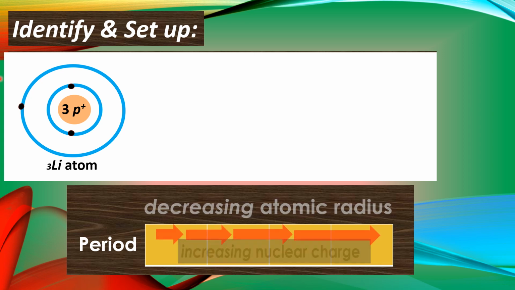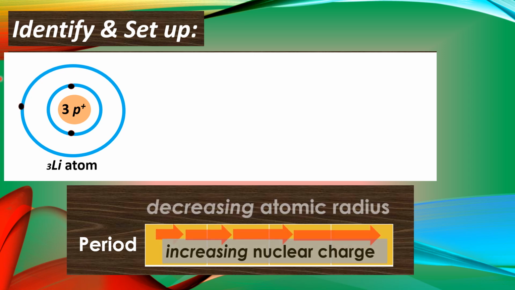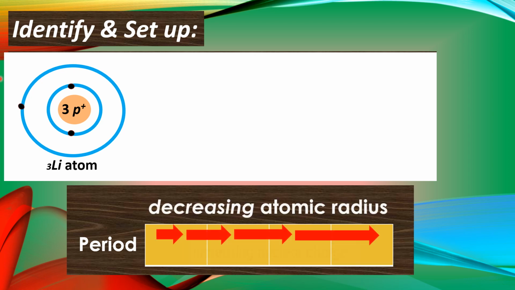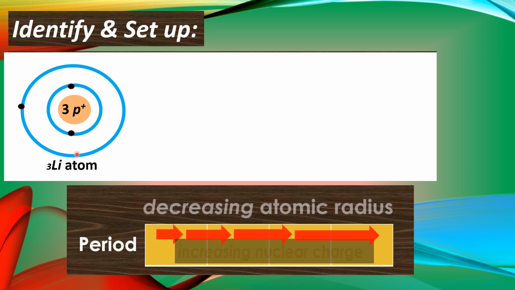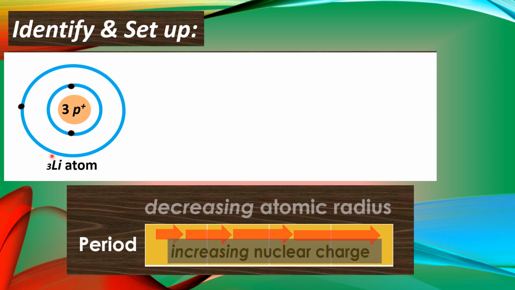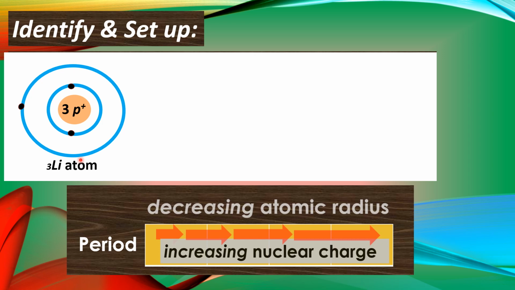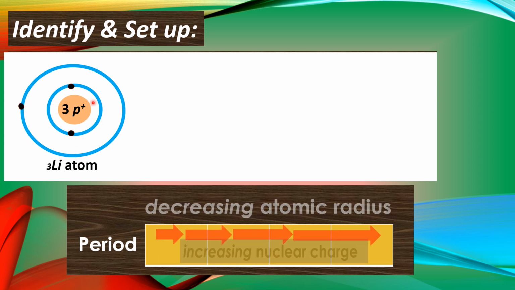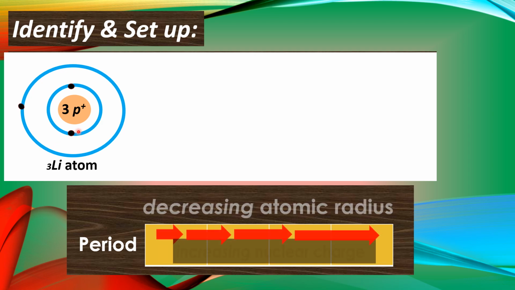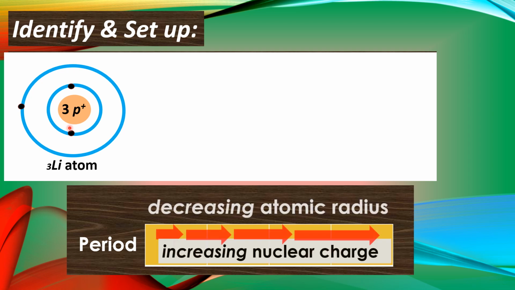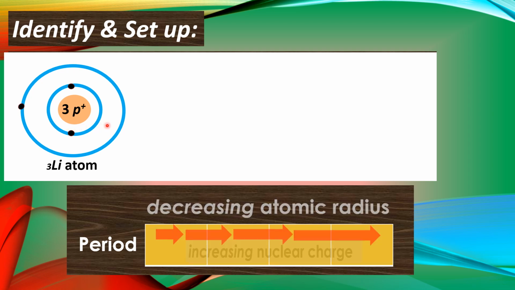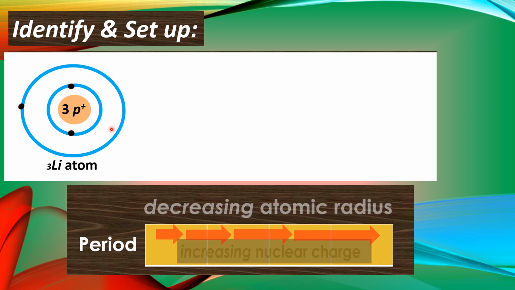For example, in period 2, the first element is lithium. Lithium has an atomic number 3, and it has 3 protons, which attract the single outermost electron towards the nucleus.